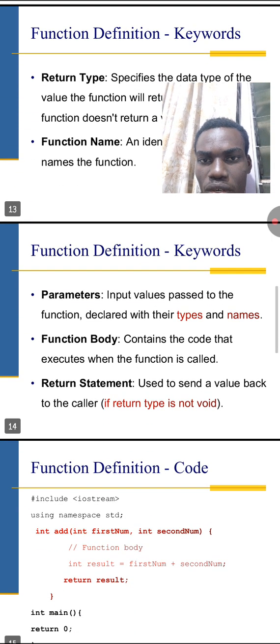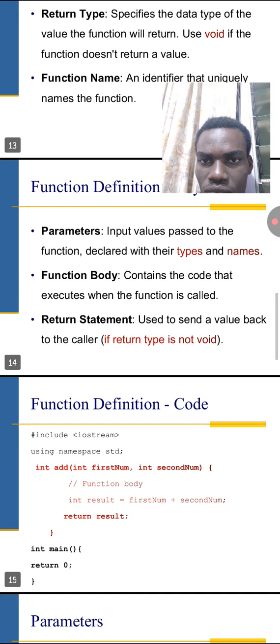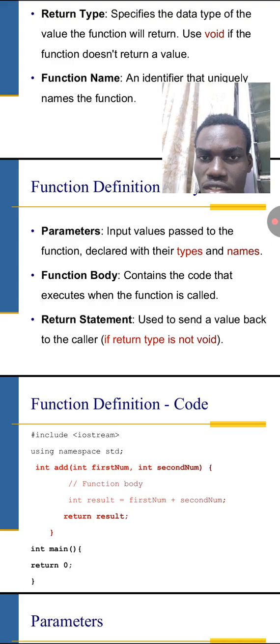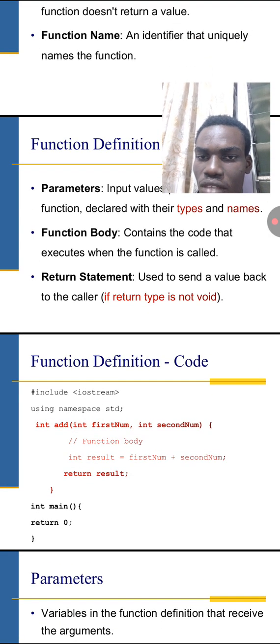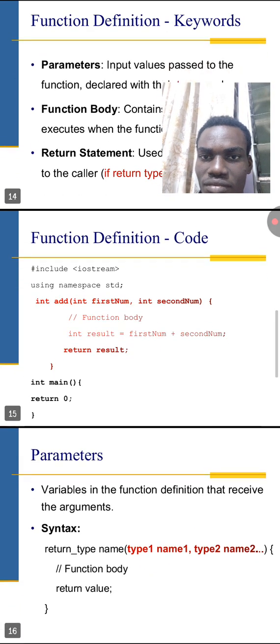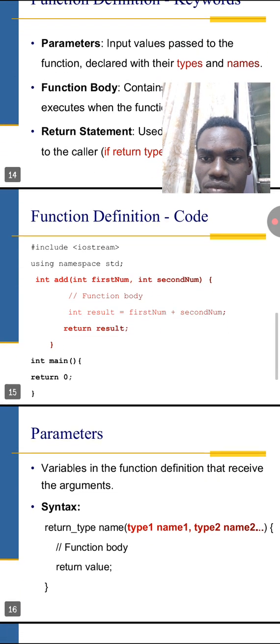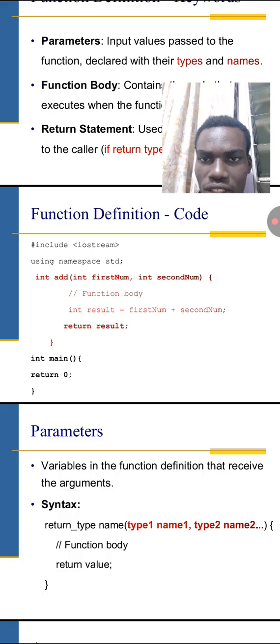Parameters are input values passed to the function, declared with their type and name. The function body contains the code that executes when the function is called. And we also have the return statement, used to send a value back to the caller. So this is how the structure looks.